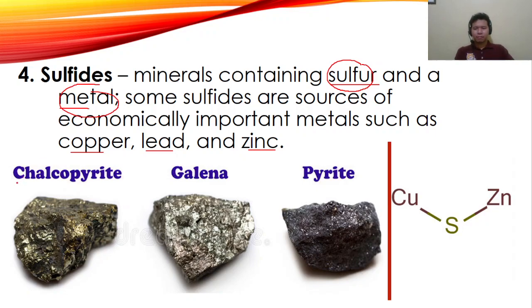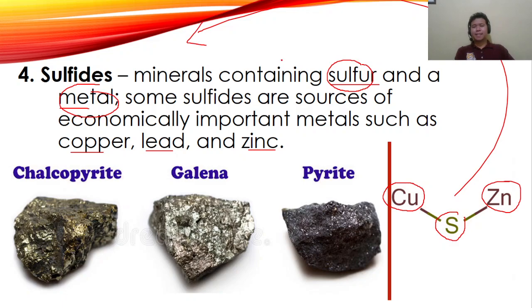Examples are chalcopyrite, galena, and pyrite. Metallic substances such as copper and zinc mixed with sulfur give rise to sulfides. So that's the fourth classification of minerals.